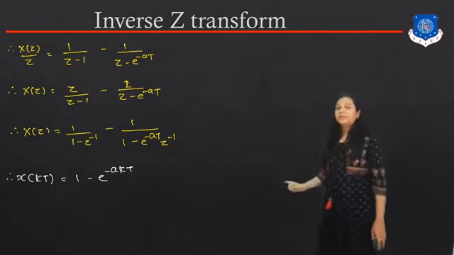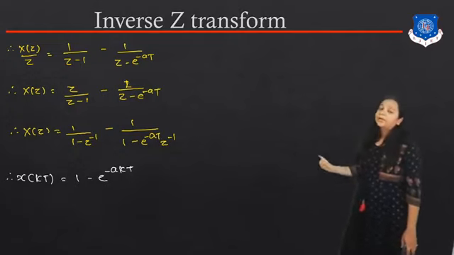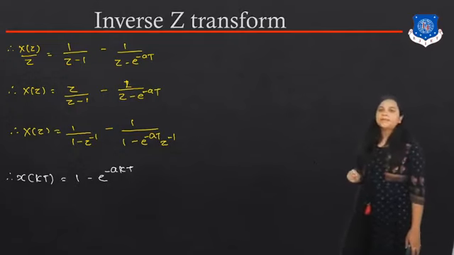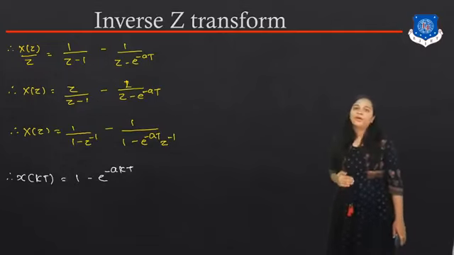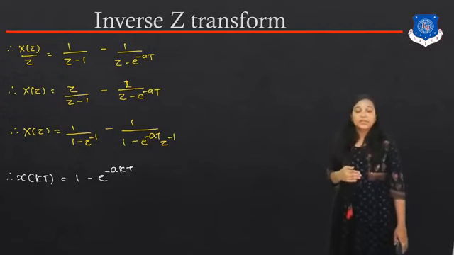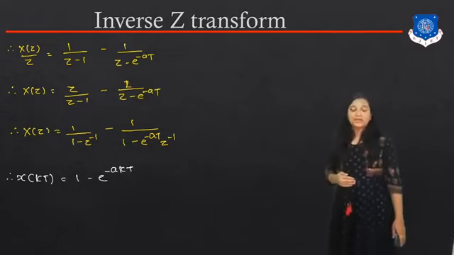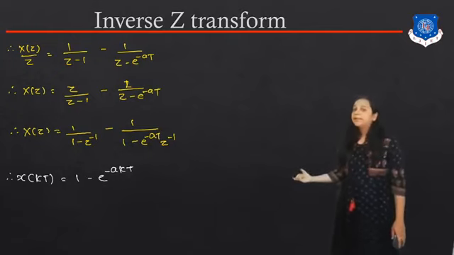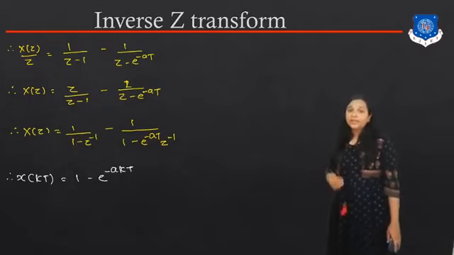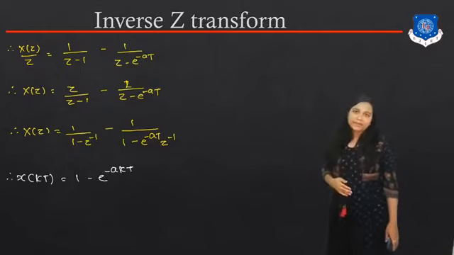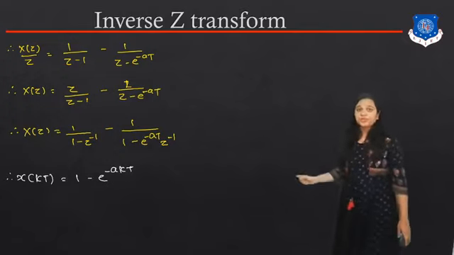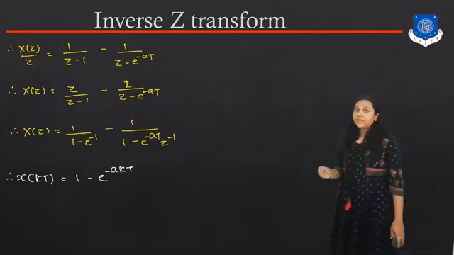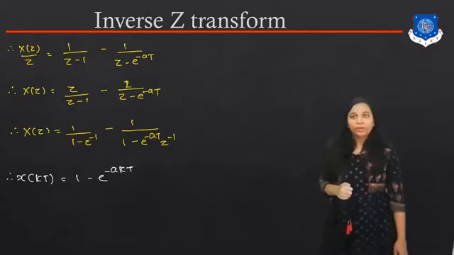So in the final answer we can write x of kT that is equal to 1 minus, and 1 upon 1 minus e raised to minus aT z inverse is the z transform of the e raised to minus akT term. So the inverse z is e raised to minus akT, where T is the sampling period and k is our sample. Okay, so this is the final answer using the partial fraction method.